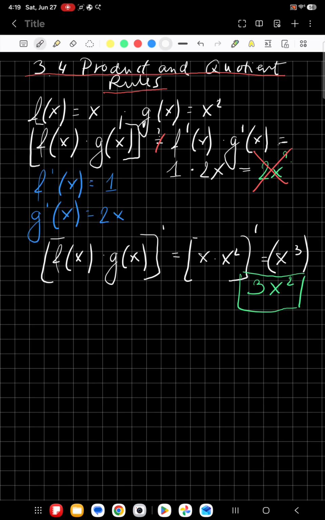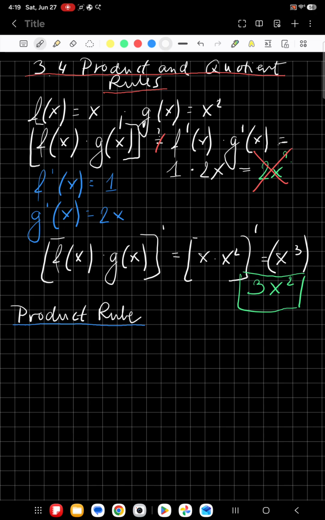Well, that's what the product rule is about. Unfortunately, it's a little more complicated than just saying the derivative of a product is a product of the derivatives. It's not that simple.